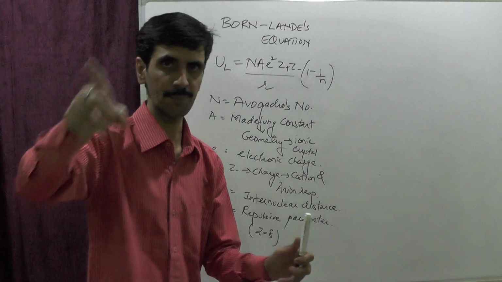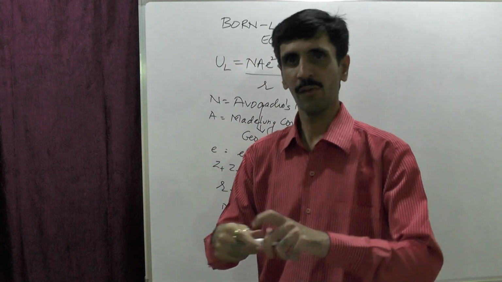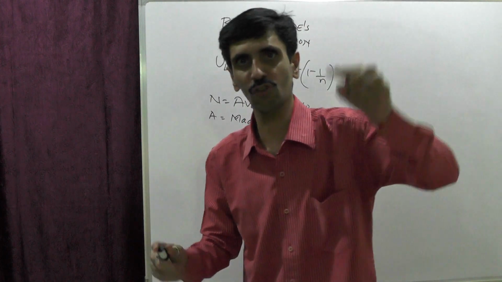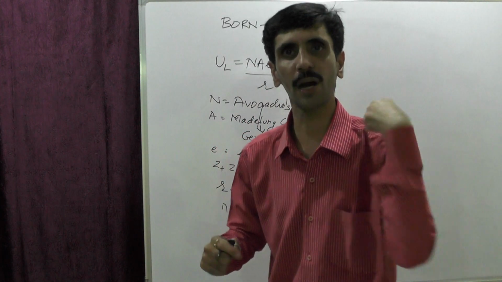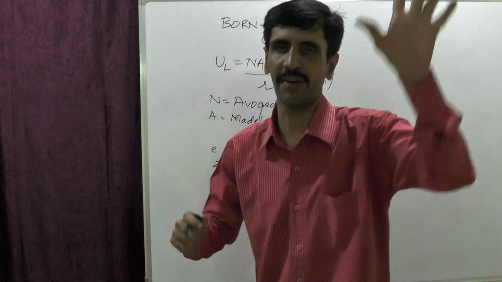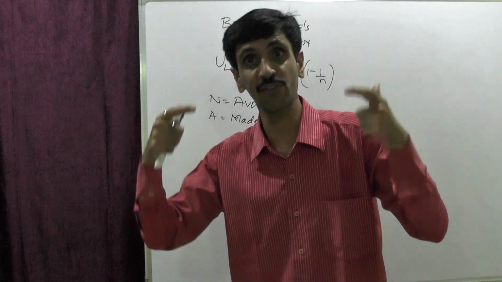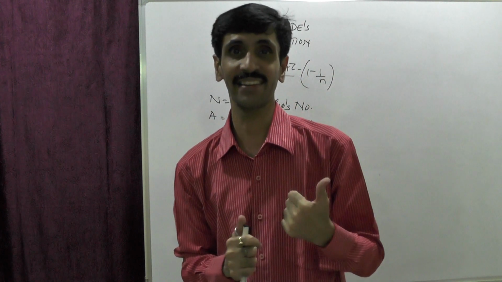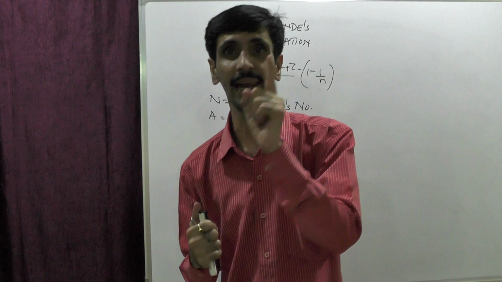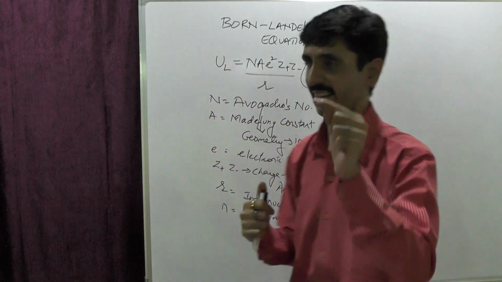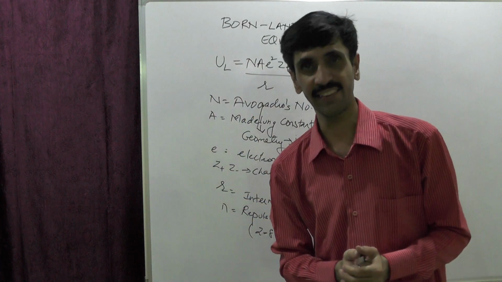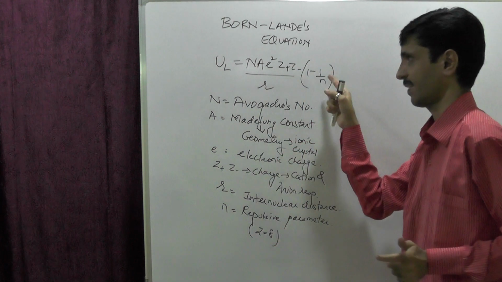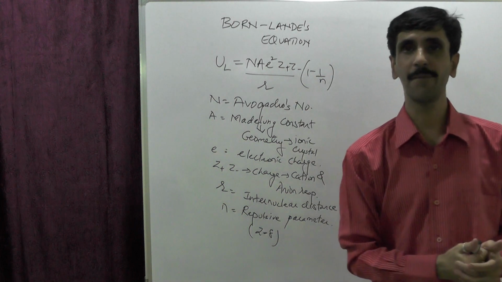So once again, let me take a recap. The point number 1 is that we are here to identify the numerical value of lattice energy, because it is on the basis of that we are going to comment on the strength of the ionic bond. One expression on the basis of which we can get the numerical value of lattice energy is called the Born-Landé equation. It says lattice energy is equal to N_A into A into e squared Z plus Z minus upon r into 1 minus 1 upon n.